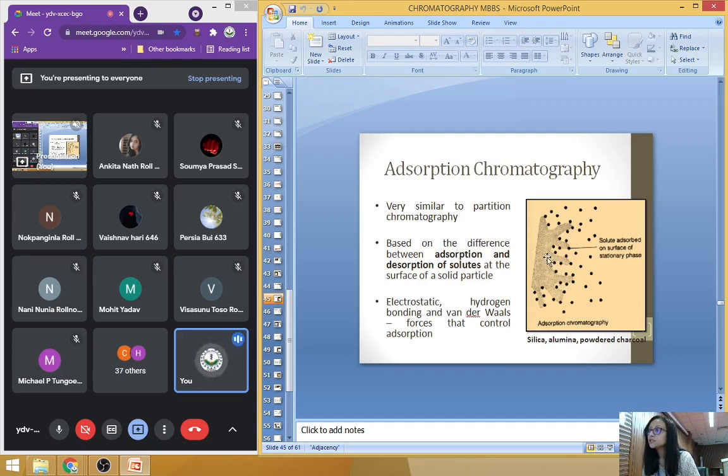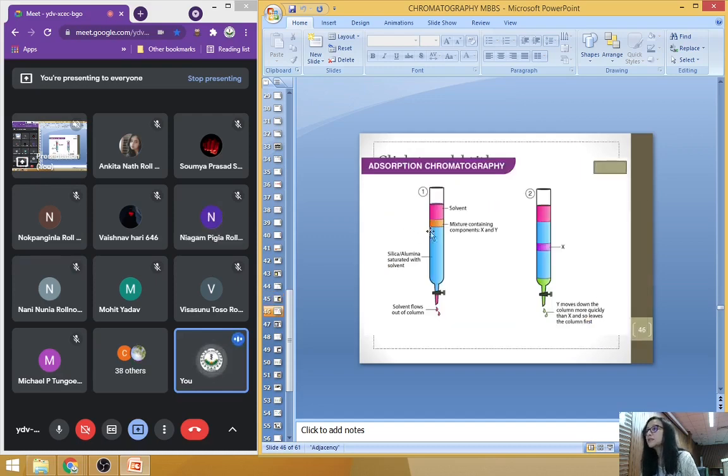So the stationary phase can be silica, alumina, or powdered charcoal. Okay, and then the mobile phase will be liquid, and when you pour the sample mixture, some of the solute will be adsorbed, and those that are desorbed will flow faster. You can see here in this column chromatography, this is the stationary phase.